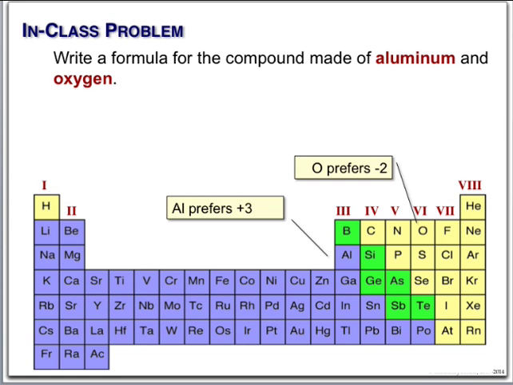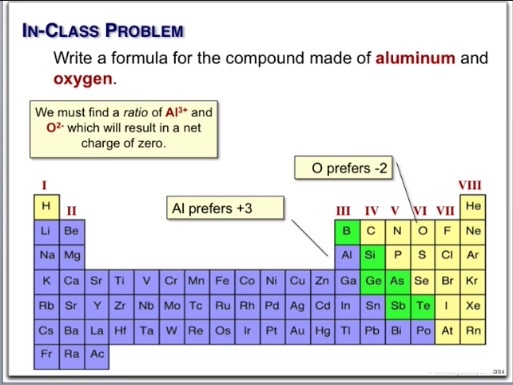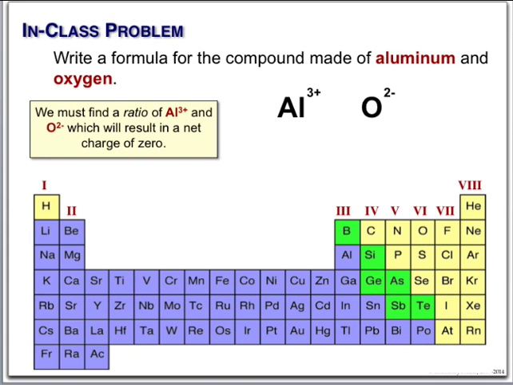What you have to do is come up with a ratio where the two cancel out and they're neutral. Zero charge. There's actually a trick to doing this. What you do is just write down what you've got. Aluminum +3, oxygen -2. Okay?